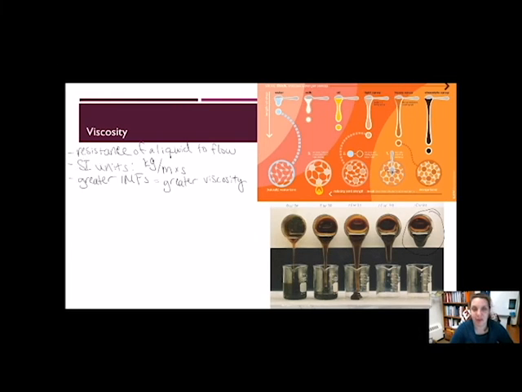So you might be thinking, water has really strong intermolecular forces, but not a lot of viscosity, right? Water is not a very viscous substance.